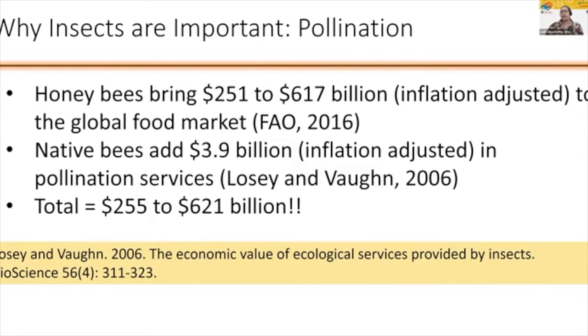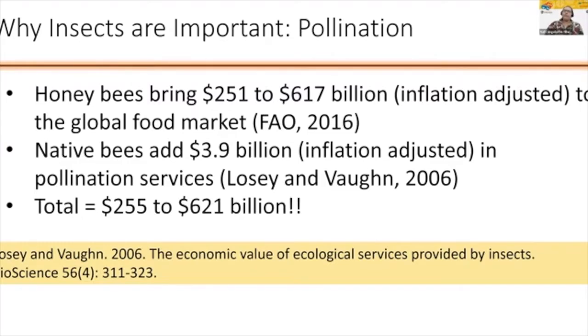And it truly is a number that reaches into the billions. If we did not have bees to pollinate our crops, the labor it would take, the technology it would take to enable us to enjoy insect pollinated crops like chocolate and coffee and melons and berries would just be astronomical and out of reach for most farmers.